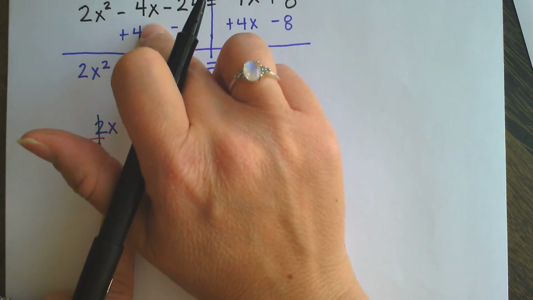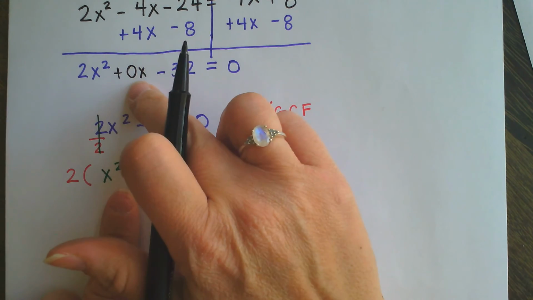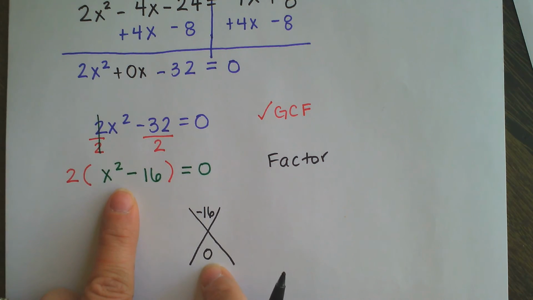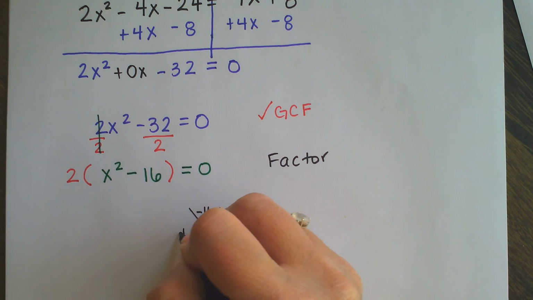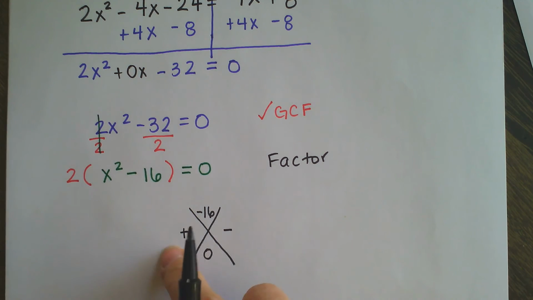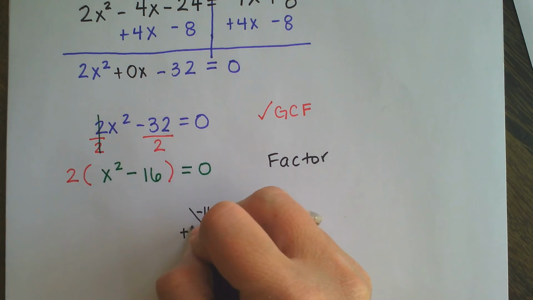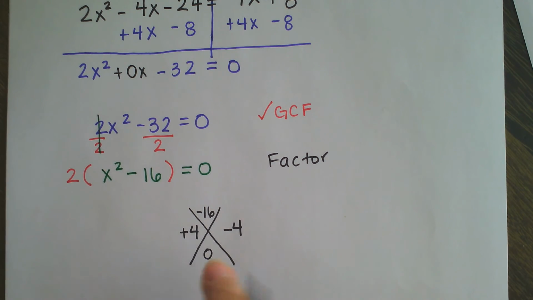Since that negative 4x plus 4x was 0x, that's kind of where I'm getting this from. We are going to find factors that add to 0. So for negative 16, I know that one term is positive and one term is negative. 16 will be 4 times 4, and that 4 minus 4 is how we get 0.